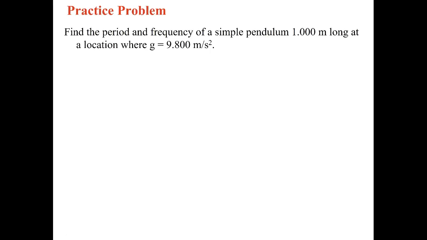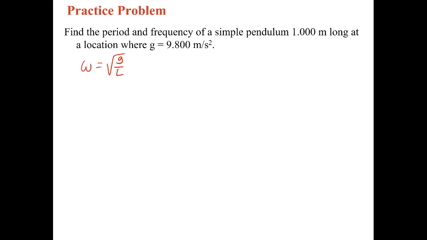So let's see how we would use this. Let's find the period and frequency of a simple pendulum 1 meter long at a location where gravity is 9.8 meters per second squared. So we know that omega is the square root of g over L. Okay?